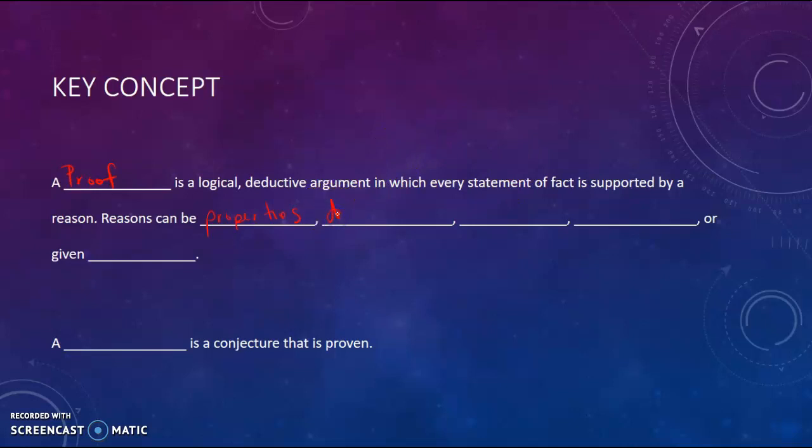We can use definitions. So any definitions that we have used, like the definition of an acute angle, the definition of complementary angles, the definition of supplementary angles, midpoint. I don't know if you guys talked about that last year. Anyway, those definitions are things that can be reasons as to why we can make a statement.